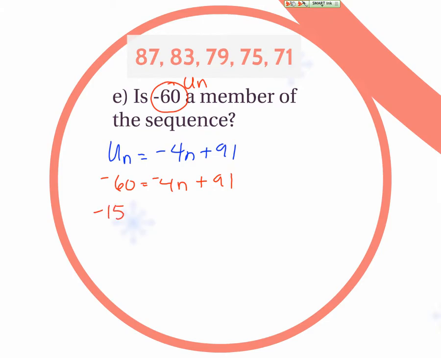I've got negative 151 equals negative 4n when I subtract the 91. When I divide, I end up with 37.75 equals n. So that's the deal. This is not a positive integer.